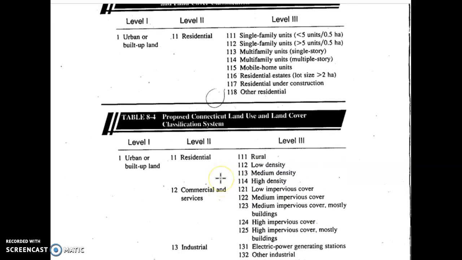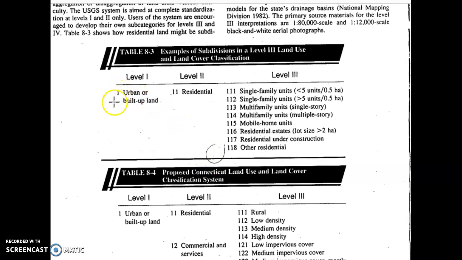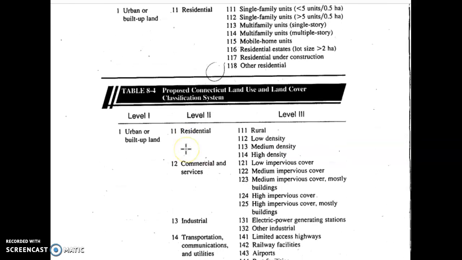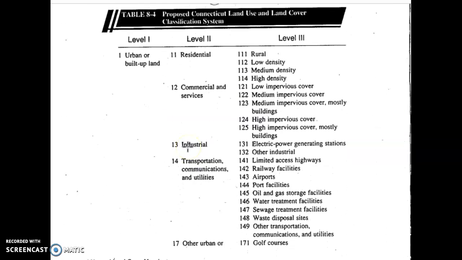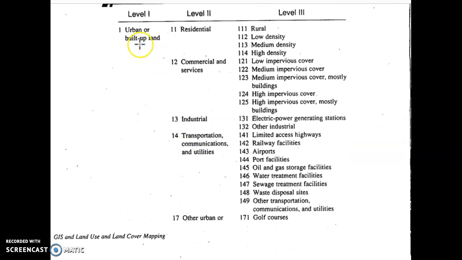Okay, so you can see here we've got level 1 urban, and then level 2 urban is really divided up into, well, this is just an example. Let's go into this. Level 1 is urban, then level 2, 11 is residential, 12 is commercial and services, 13 is industrial, 14 transportation, 17 is other, such as golf courses.